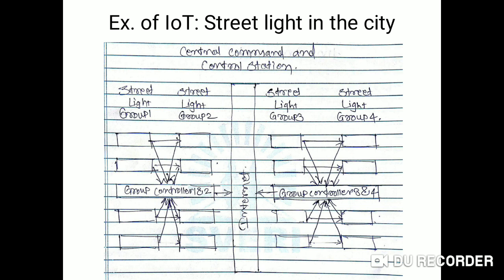Assume that each light in a group of 32 street lights consists of sensing, computing, and communication circuit. Each group is connected to a group controller through Bluetooth or Zigbee. Each controller further connects to the central command and control station through the internet.